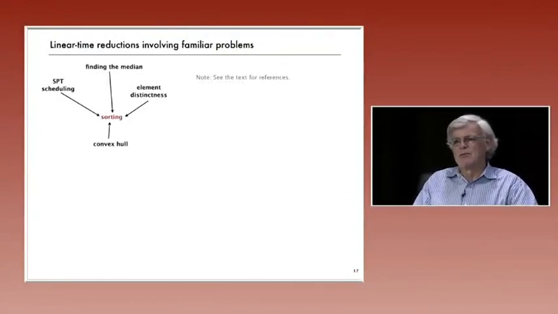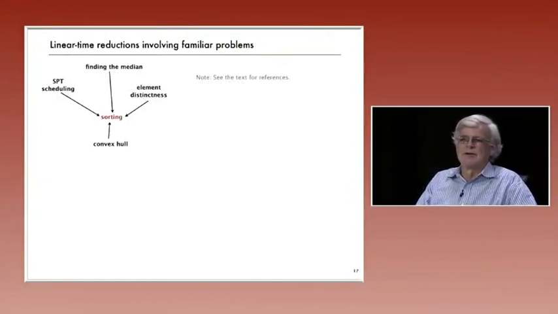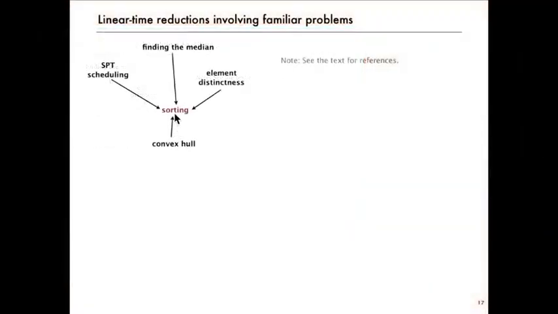Just continuing in this way, we've considered quite a few problems that involve reductions. So I just talked about finding median and element distinctness and convex hull, reducing to sorting. And there were a bunch of other problems that we considered as exercises when we talked about applications of sorting. So application of sorting really means problem reduces to sorting.